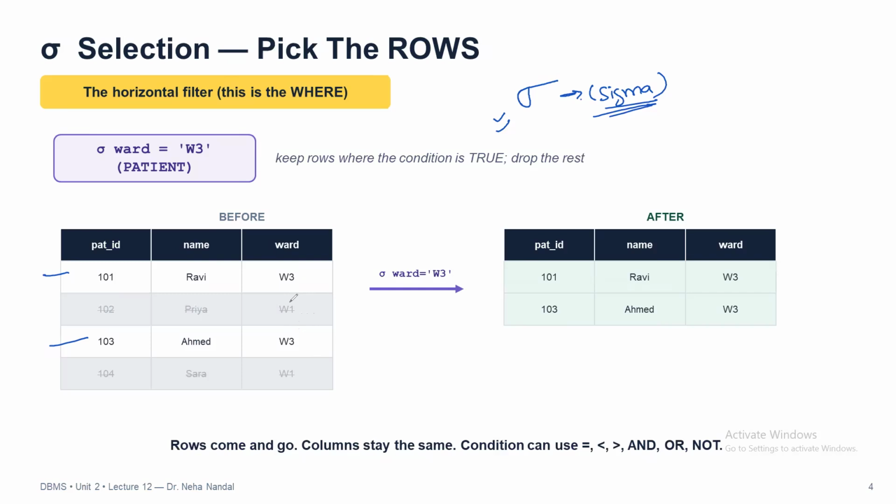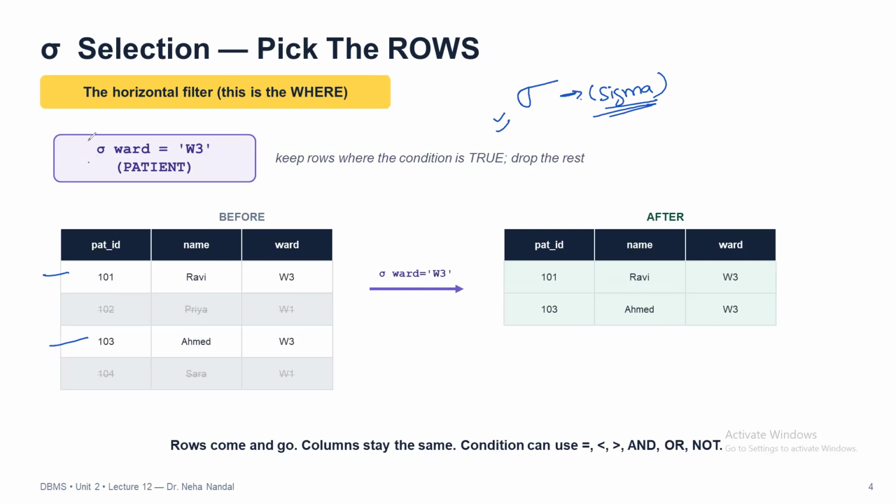If you already know SQL's WHERE clause, that is exactly this, one lecture early. Like the question I asked, where the value is this. I have just shown one example without bothering about the complete syntax of SQL; there we utilized the WHERE clause. The selection works like that. So how do we represent it?